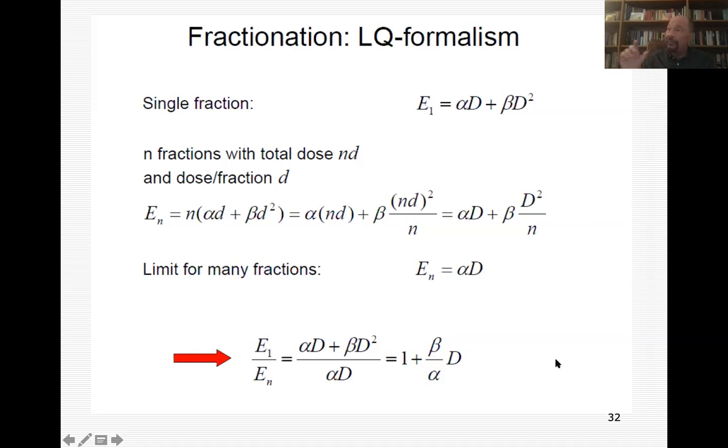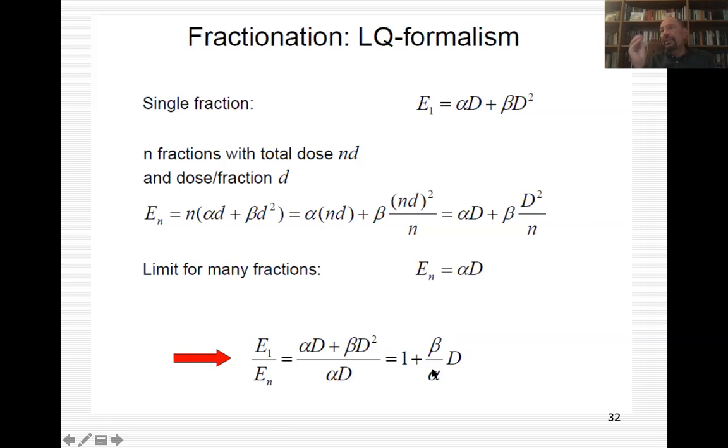In fact, if alpha beta is very high, this means that beta is very small. This means that the survival curve is linear, and then there is no effect of fractionation. This we have seen already. No sparing effect, no effect of fractionation. The other way around, if alpha beta is very low, so you have a broad shoulder, beta is very big, then there will be a big reduction in the effect if you fractionate n times. This is all in the alpha beta ratio.